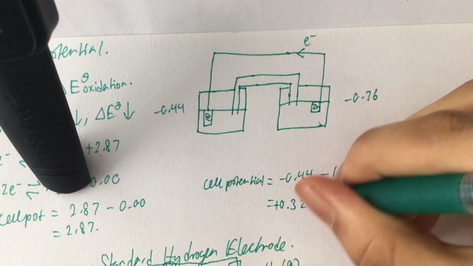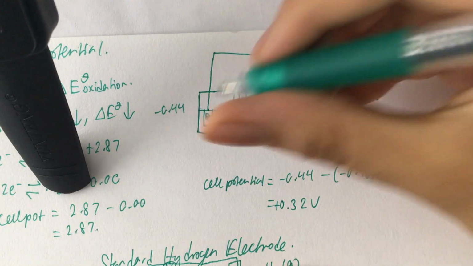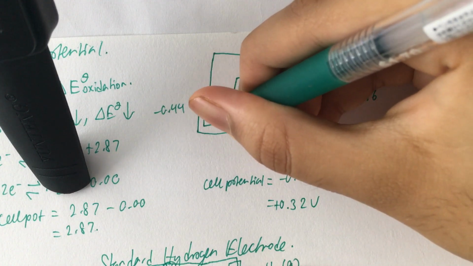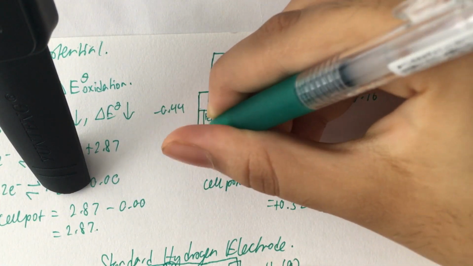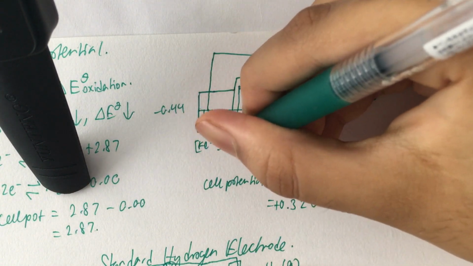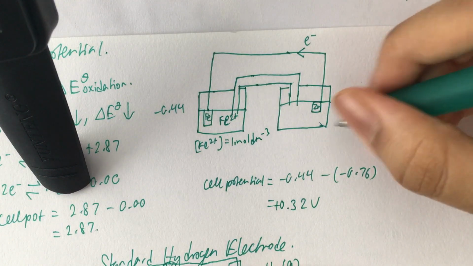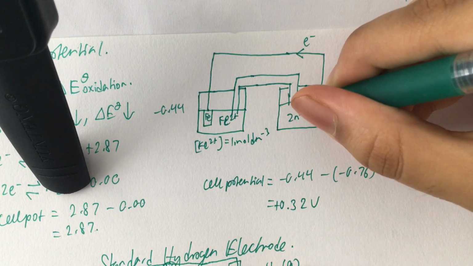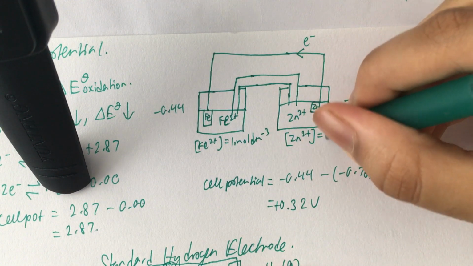And that means that the iron one will be the one that's reducing and the zinc one is the one that's going to be oxidizing. So that means the iron will then become solid, and then the zinc will then become ions. That's what will happen. So basically just have the reducing one minus the oxidizing one.